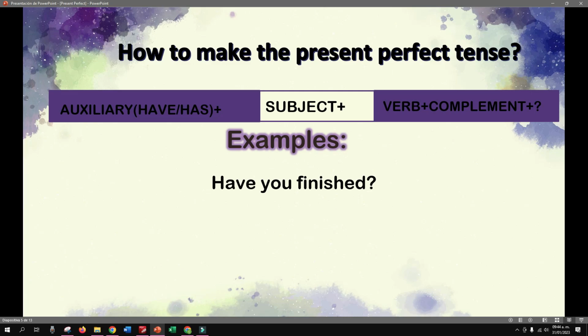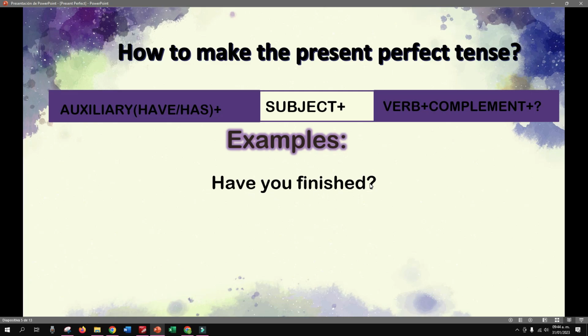Look at that one. First, you have "have," that is the auxiliary, right? Have you finished? Question mark, right? This is the subject and the past participle of the verb. Have you finished?